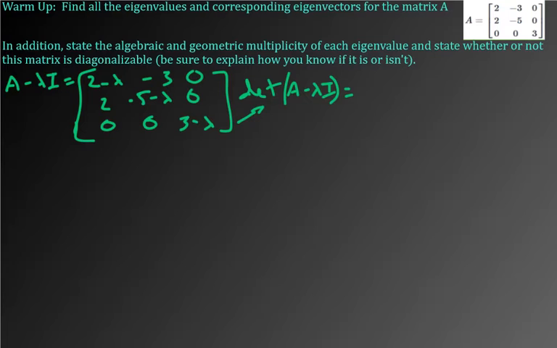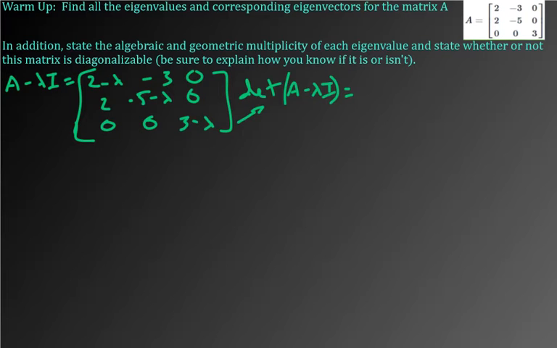And one of the things that we learned is you can do determinants along really any row or any column. So what I would definitely do is go along this column or this row. The only thing you have to be careful about is the signs.